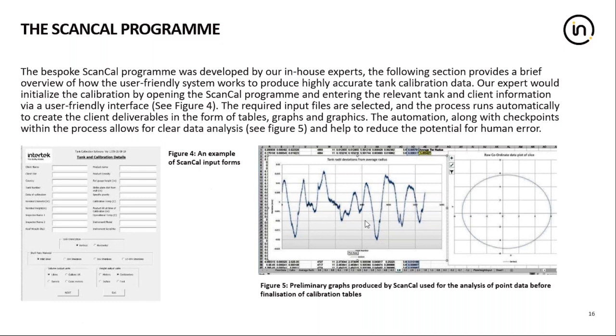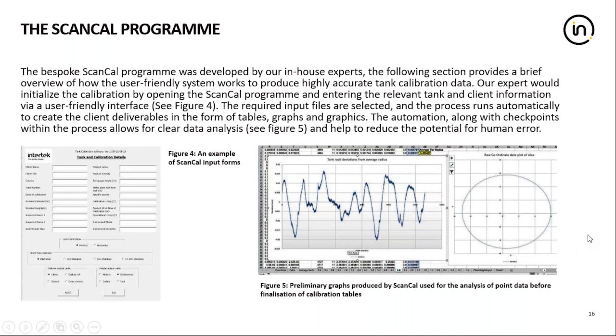This is the type of measurements that we use to create the actual strapping tables that we deliver to our customers. So as you can see, even though there are very minute differences in the radii of each of the rings, this is going to have a tremendous impact in the final volume of the tank.